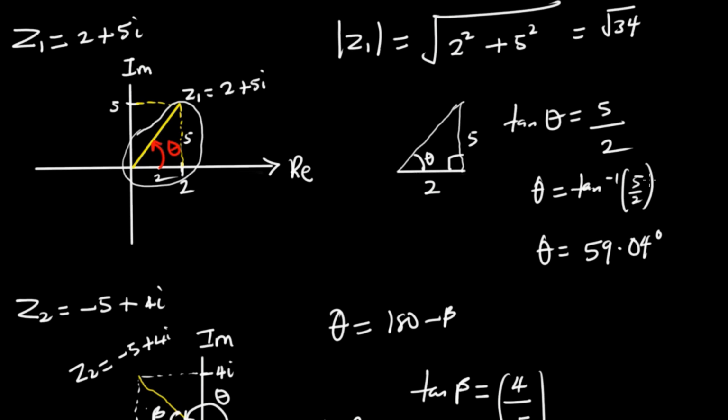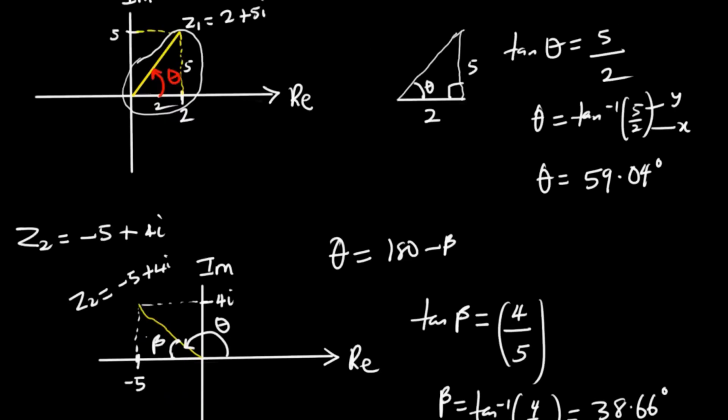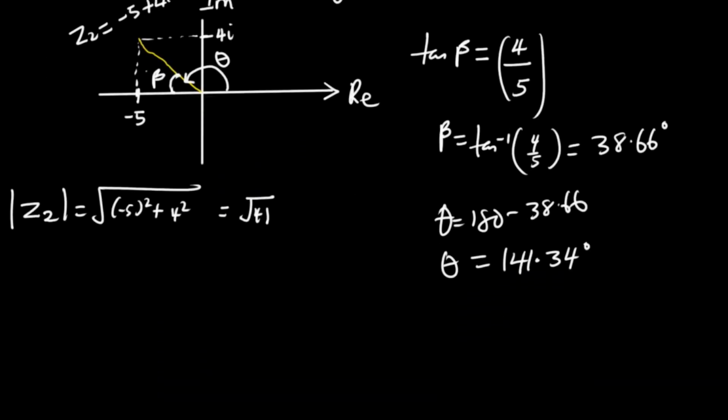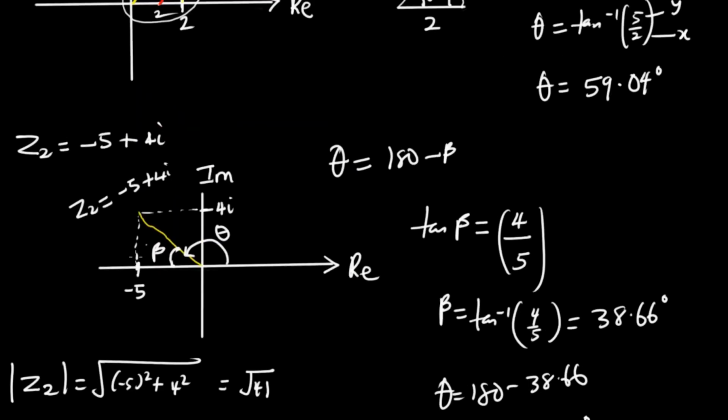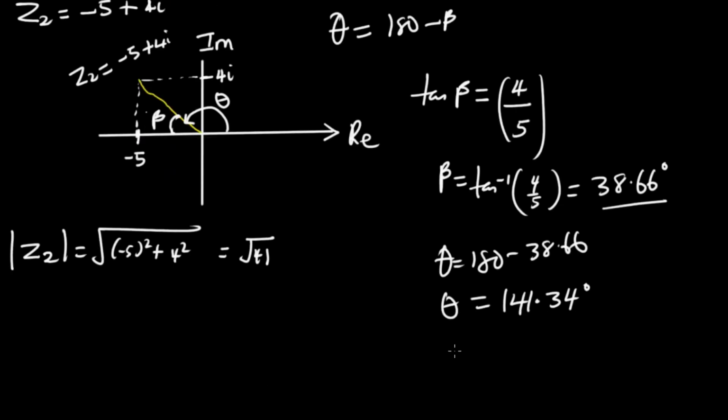This is the y part and this is the x part. So instead of going through all this stress, you can just know that theta is equal to tan inverse of y over x. It can be applied, but it's very good to draw out your diagram in all cases. For example, in this case, if you just take tan inverse of 4 over 5, you can get an answer directly, but this is not what you're going to get, whereas our theta is equal to 141.34.